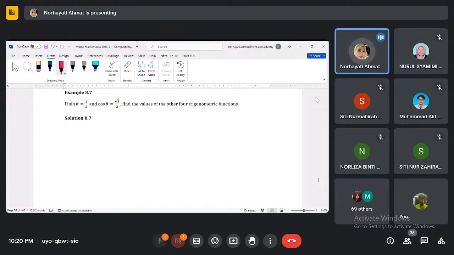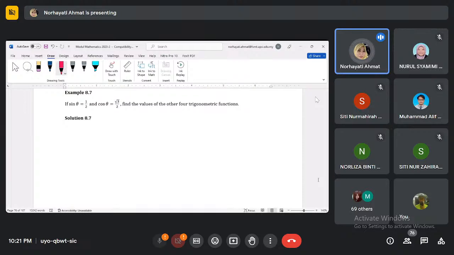Sekejap je. 10 minutes. Okey, kita target sampai mana hari ni? Kita buat sampai section 8.22 boleh kelas? Sempat kot. Okey, kita cuba buat.